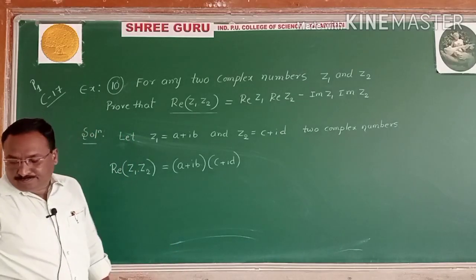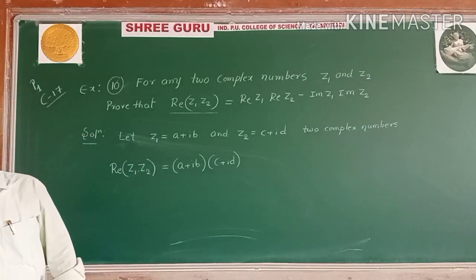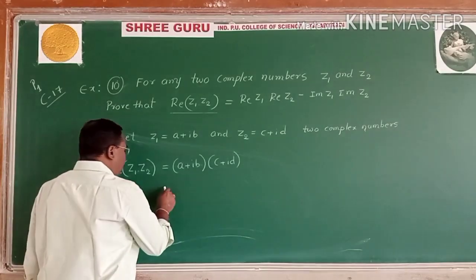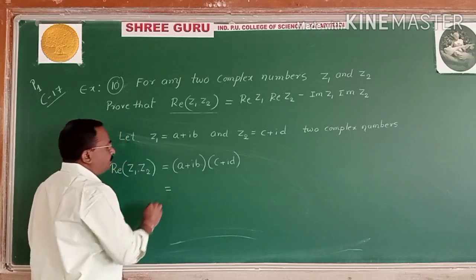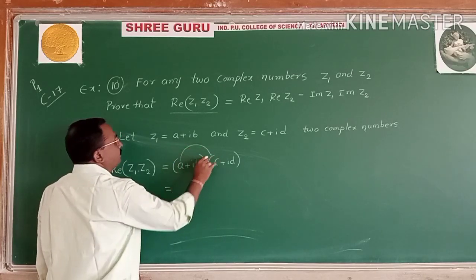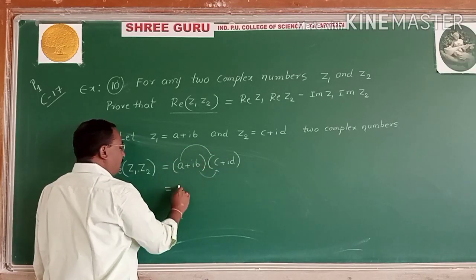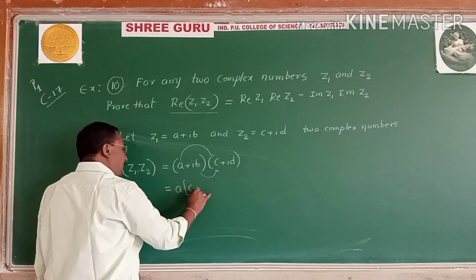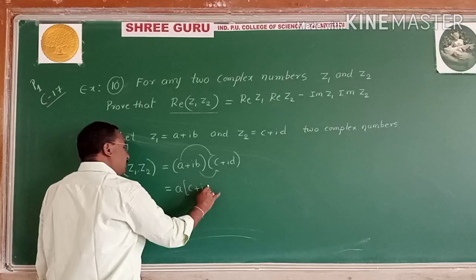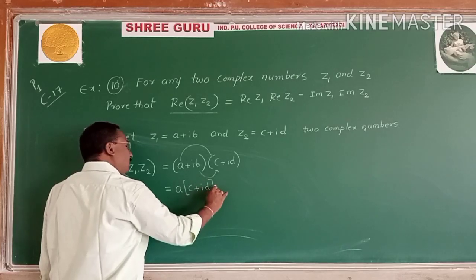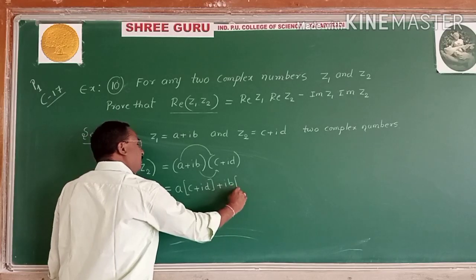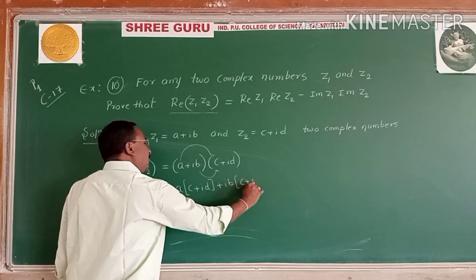Multiply, this one we can simplify, is equal to a times of c plus id plus ib times of c plus id.